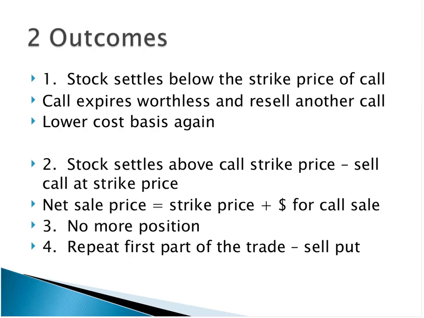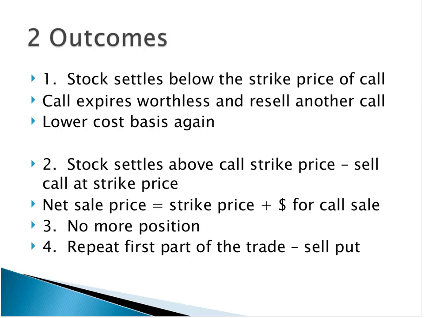The second potential outcome is that the stock settles above the strike price of the call. In that case, it should say sell stock at the strike price, not the call. We would have the obligation, because we're sellers, to sell the stock at that strike price.